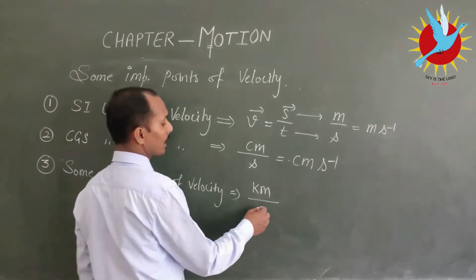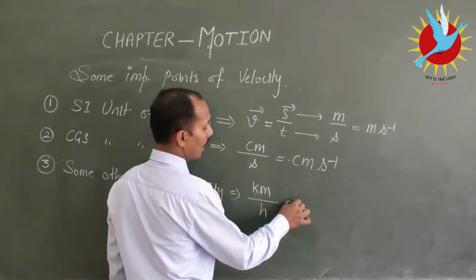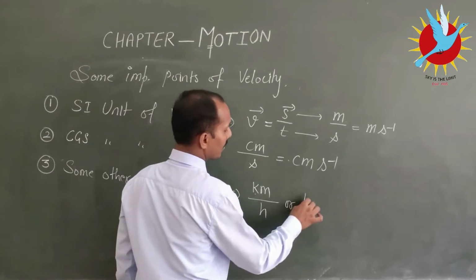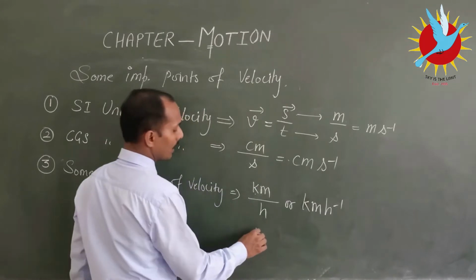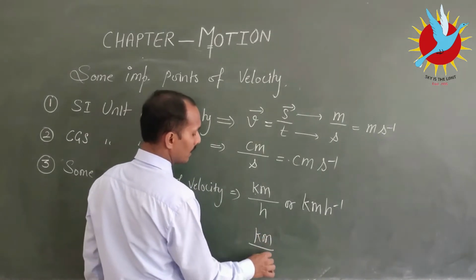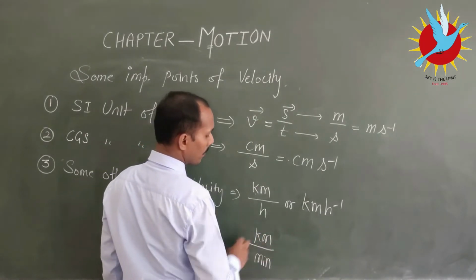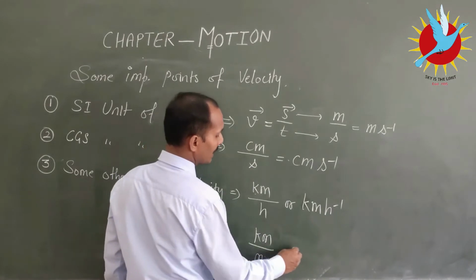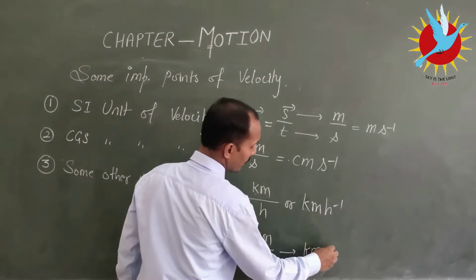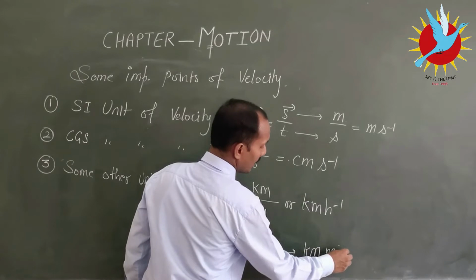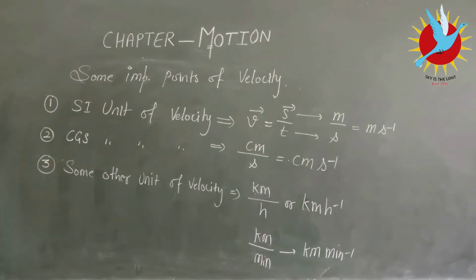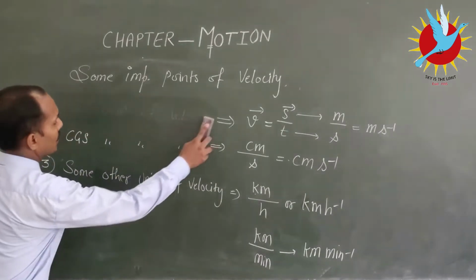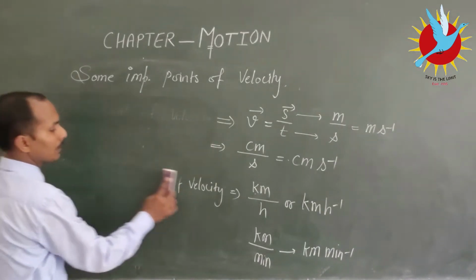So its unit becomes kilometer per hour, or kilometer per minute. In this way, these are some units of velocity.